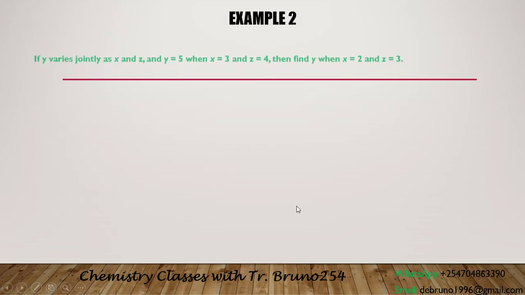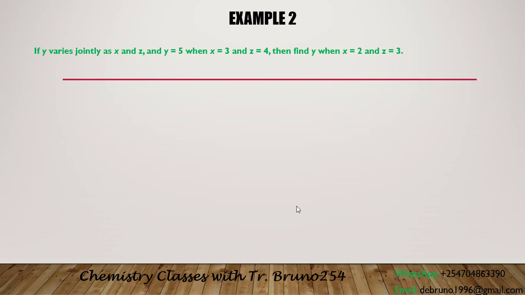Example 2 is a joint variation. If y varies jointly as x and z, and y is given as 5 while x is 3 and z is 4, find the value of y given x is 2 and z is 3. Now we need to come up with the formula, and the formula is y equals kxz.